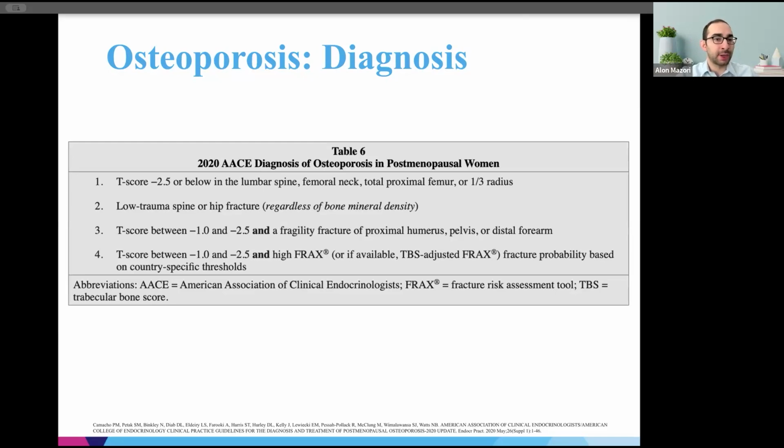A low trauma fracture is a fracture that is caused, for example, by a fall from standing height. Number 3, a T-score between -1.0 and -2.5 with a fragility fracture of the proximal humerus, pelvis, or distal forearm. And then 4 is a T-score in the same range, but a high fracture risk as calculated by the FRAX calculator.